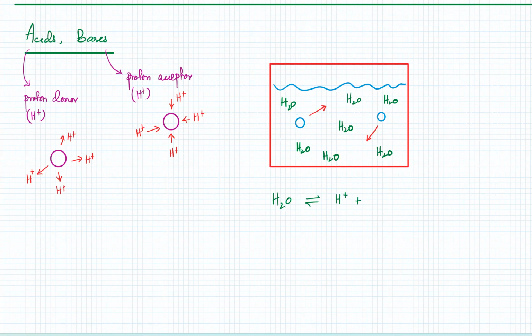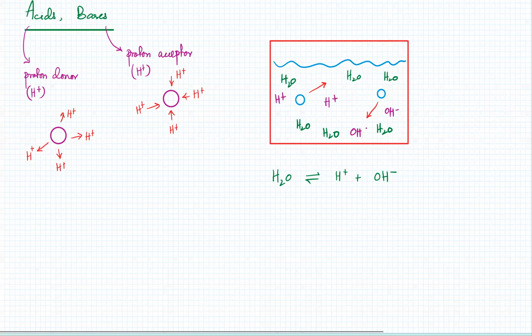One is H+1, the other one is OH-1. Okay? So some of these water molecules are going to break down and produce H+1 ions and OH ions. So water is water, but there are some H+1 and OH ions.